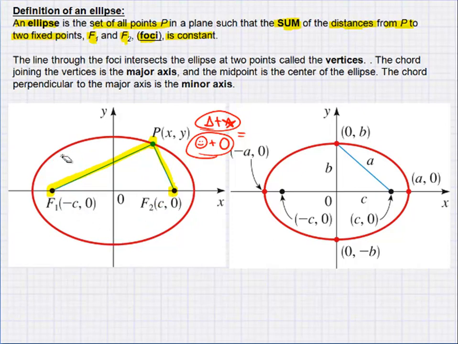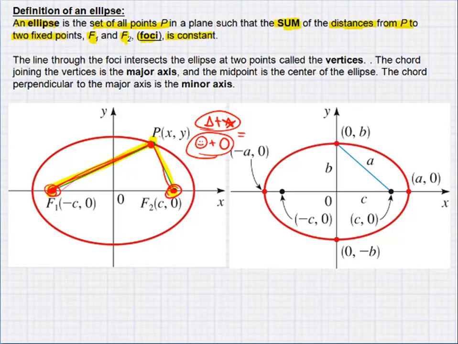The best way to explain this is, let me erase some of this. Think about if I put a thumbtack here and a thumbtack here, and this was my string, okay? And I tied the string here and I tied the string here. I'm going to pull my string tight with my pencil so that it comes to a point, so that this is straight and this is straight.